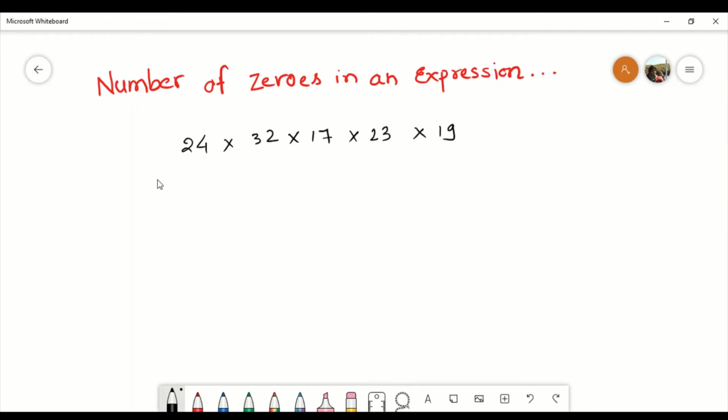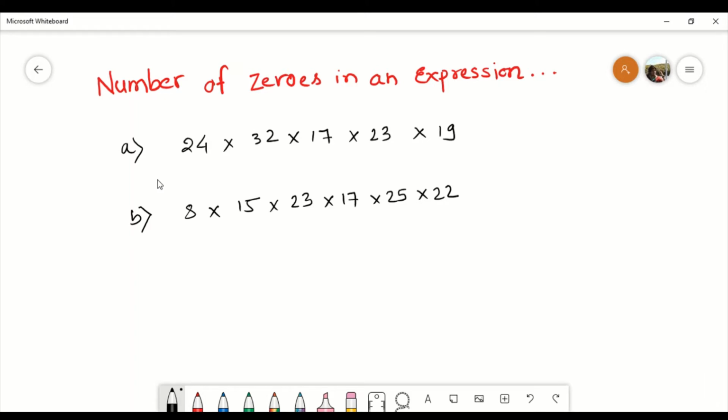Similarly, we can have another question. So we have to find the number of zeros in both of these expressions.